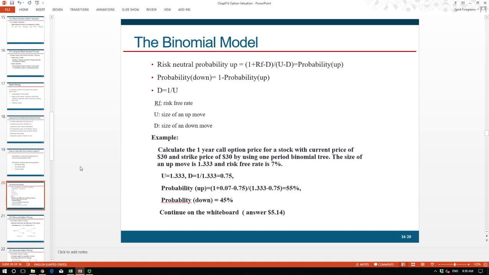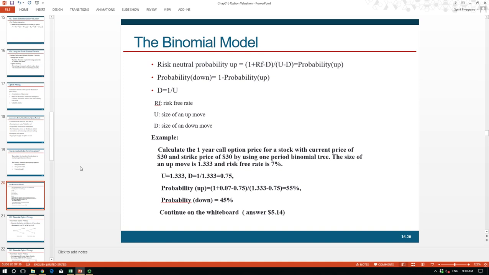The up movement is 4/3 or 1.33, and the down movement is the opposite, 0.75. By following this expression, we are establishing a symmetric stock price change on upside and downside. And we need to estimate the probability, because it's not a 50-50 chance that stock price may go up or go down.